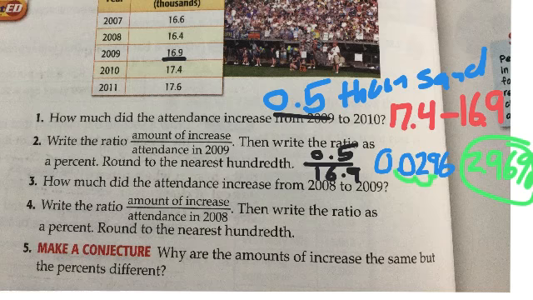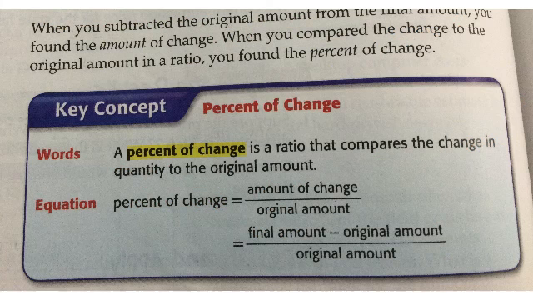Again, these are the steps we do when we're finding the percent of change. How much did it change from one year to the next? What we did there, we first subtracted the original amount from the final amount, and that gave us the amount of change. When you compare the change to the original amount in a ratio, you find what's called the percent of change.